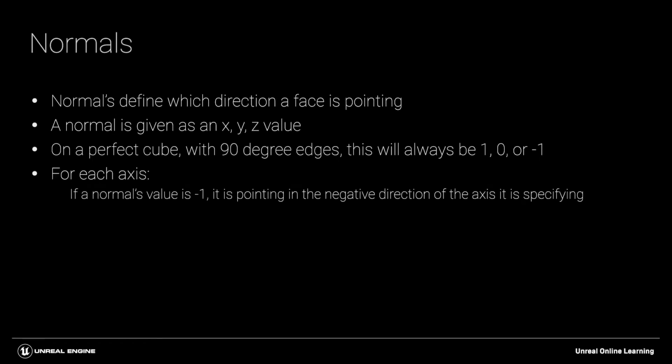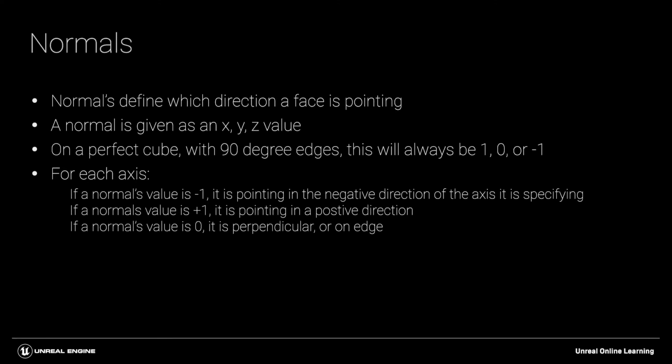If a normal's value is -1, it's pointing in the negative direction of the axis that it's specifying. If a normal's value is +1, it's pointing in the positive direction of the axis that it's specifying. If a normal's value is 0, it's perpendicular or on edge.